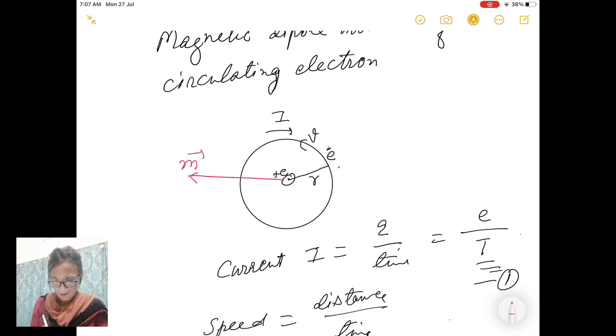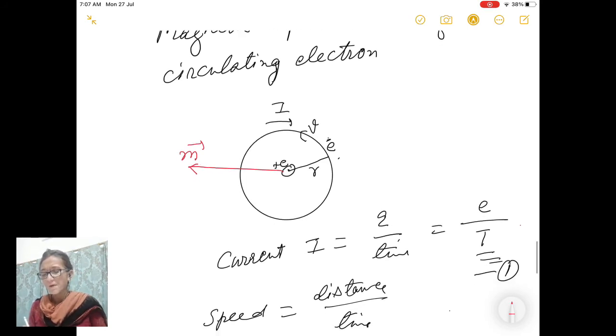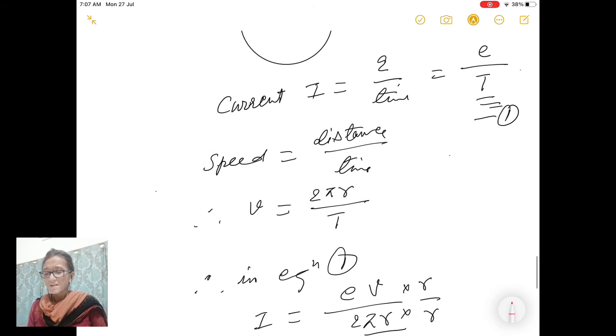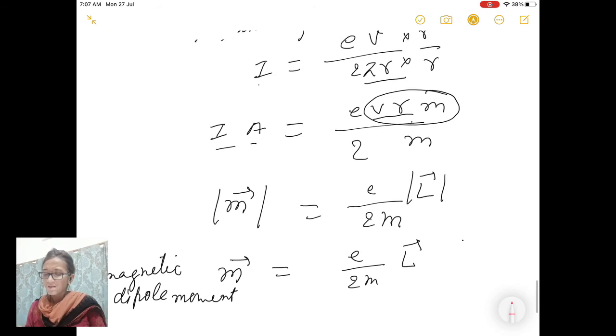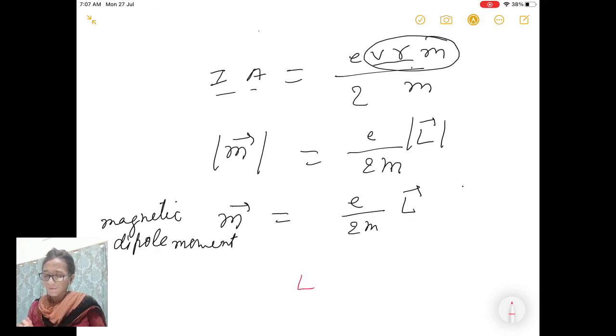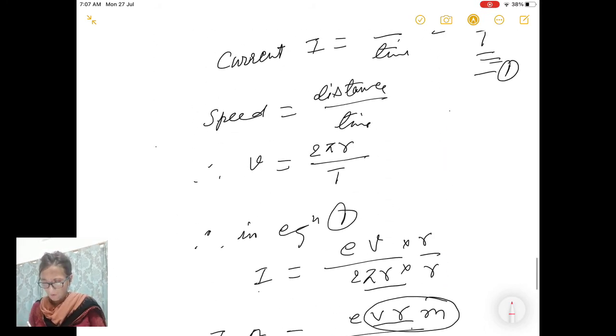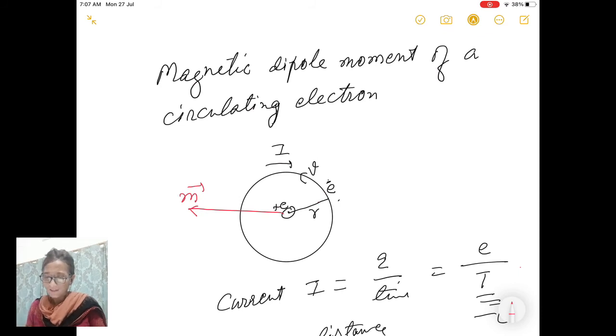Here you have magnetic dipole moment and angular momentum. Angular momentum is equal to r cross p. So use the screw rule to find the direction of angular momentum. At this very place r is along outward direction and v is along tangent direction.